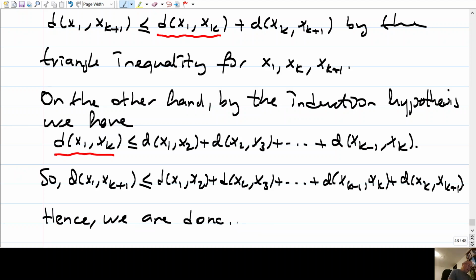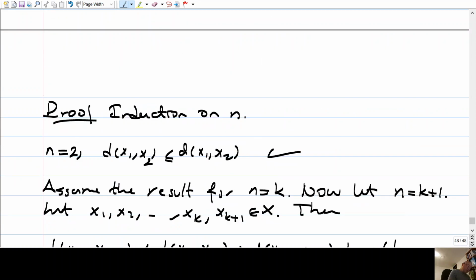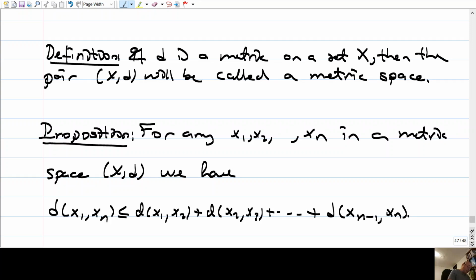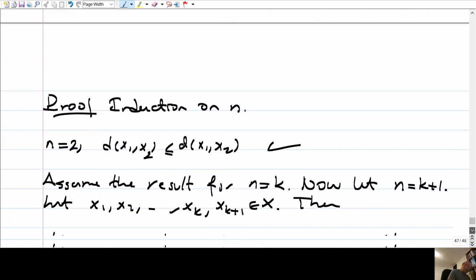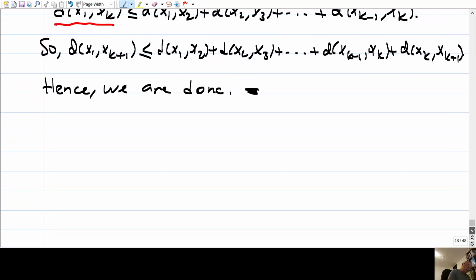So, using just the triangle inequality, we proved this interesting fact about metric spaces. Pictorially, it is something like this, right? I have n points: x1, x2, x3, x4, x5, whatever, xn minus 1, and xn.